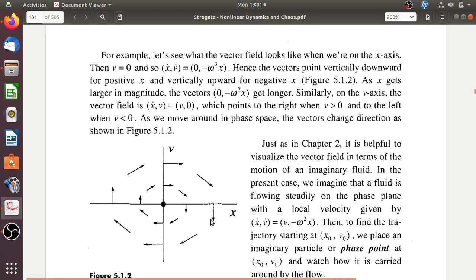While it's coming back, it will gain velocity, but in the opposite direction. Once it reaches the equilibrium position, there will be a velocity.